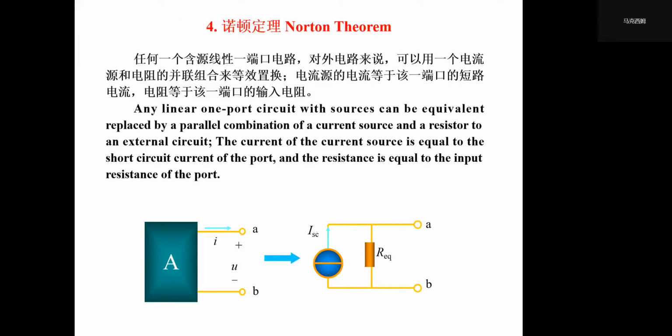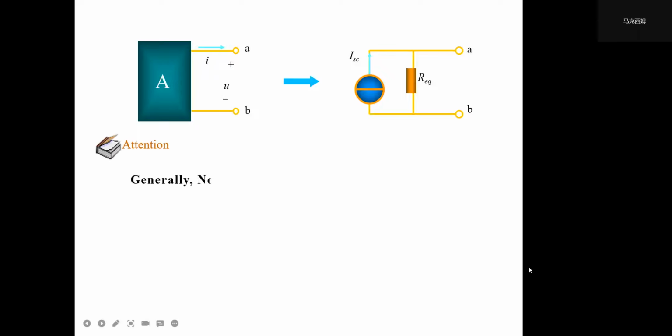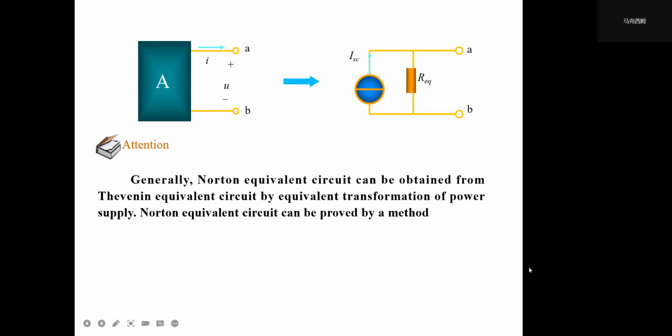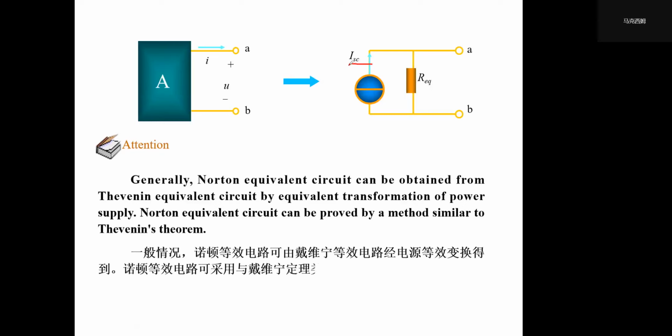And we can transform this linear system into a much simpler form: one current source in parallel connection with an equivalent resistance R. We know that the Norton equivalent circuit we can obtain directly from the Thevenin equivalent circuit, because the value of this current source is the short circuit current we calculated from the Thevenin theorem.